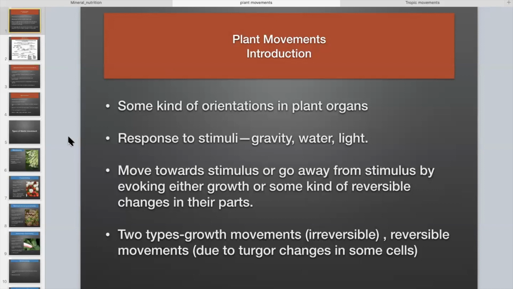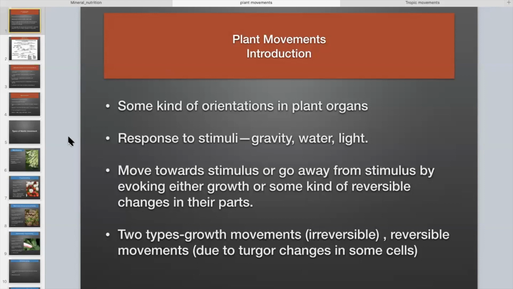There are some changes in the plant, and it is observed that out of the total movements, some are reversible changes and some are irreversible changes. Reversible means they will orient themselves and come back to the position.